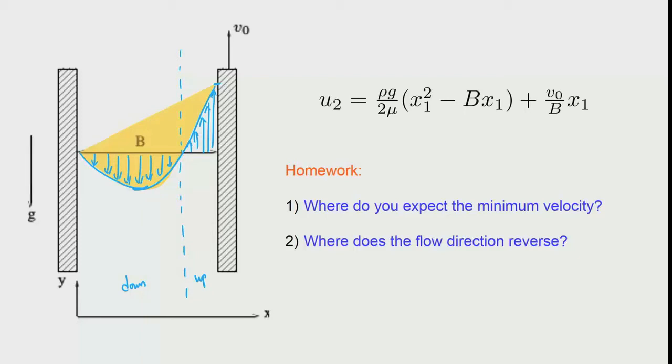So, here we will not solve this on the slide now, but I want you to try this out at your leisure. Where is the maximum velocity? You could evaluate it. So, you could check where the slope is going to 0 and find out the maximum velocity downwards, and then where the flow direction reverses.